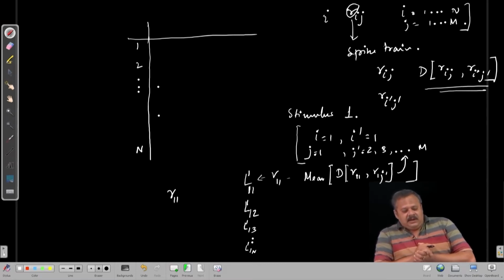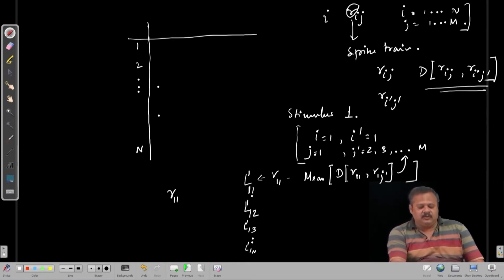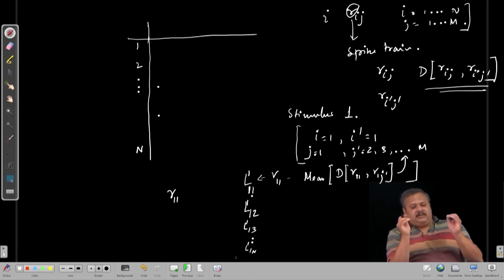That is, if the first spike train is closest to its own group, that is, L_11 superscript 1 is the least of all these, then we can say that this spike train is closest to its own group. So we will assume that it is coming from the first stimulus itself.